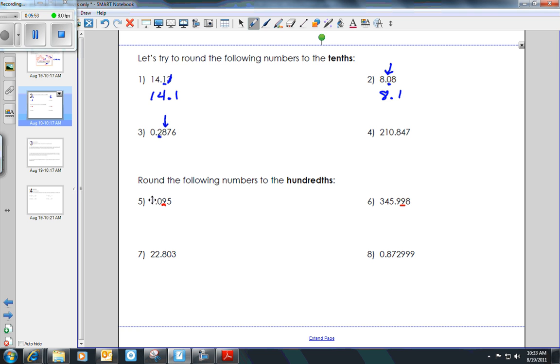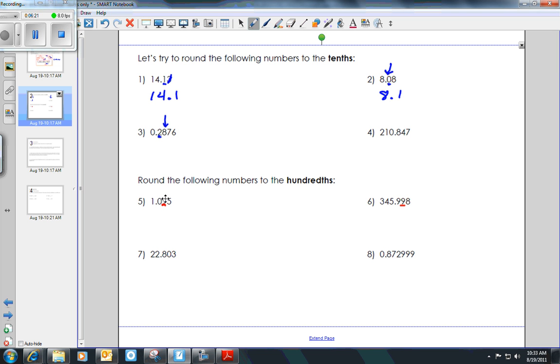So to say this number, I would say 1 and 95 thousandths, since this is in the tenths, hundredths, thousandths spot. Looking to the right of the digit where I'm rounding, here's my hundredths spot. Looking to the right, I have a 5. Anything 5 and greater adds 1 to my rounding digit.